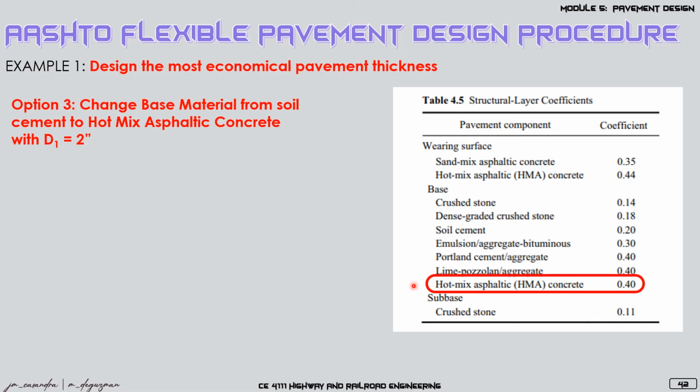Applying this to the SN equation, still using our computed SN 3.94: 0.44 times 2 plus 0.4 D sub 2 times 1 plus 0.11 times 10 times 1, we get D2 equal to 5 inches.